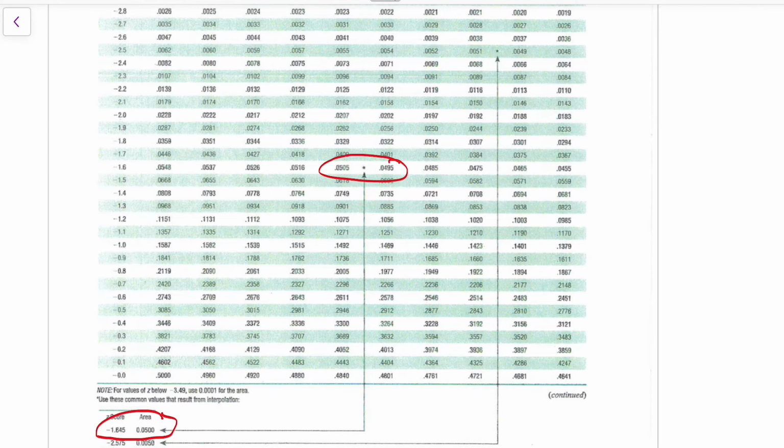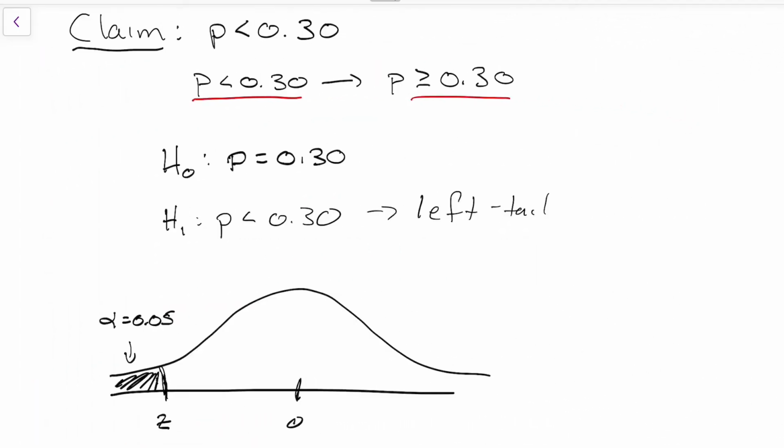So that becomes our critical value. The z-score is negative 1.645, and that will mark off the critical region. Everything to the left of negative 1.645 is inside of this critical region.